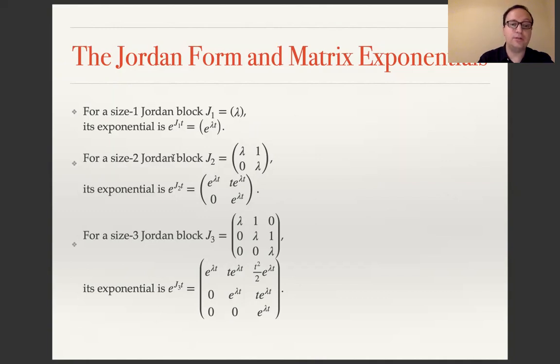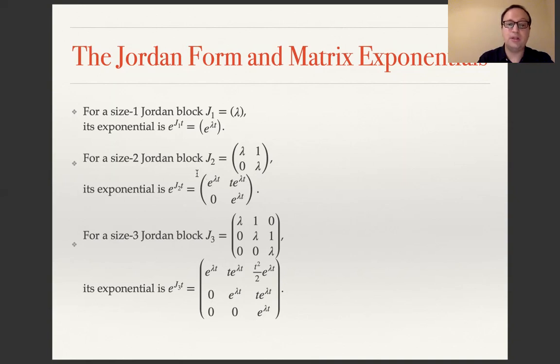For a size 2 Jordan block, this has lambda on the main diagonal twice, and 1 above the main diagonal, and 0 in the lower left corner. Its exponential, e to the J2 t, has e to the lambda t on the main diagonal, t e to the lambda t above the main diagonal, and 0 in the lower left corner.